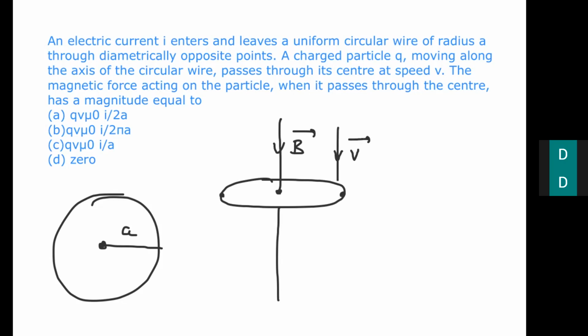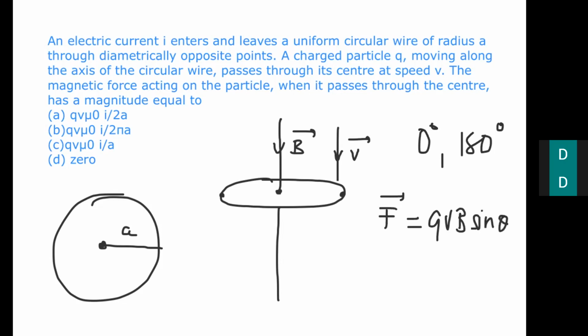So the angle between them is either 0 or 180 degrees. The force which acts on this particle, as per F equals QVB sin theta, is going to be QVB sin 0, which gives us 0. So the force acting on this is going to be 0.